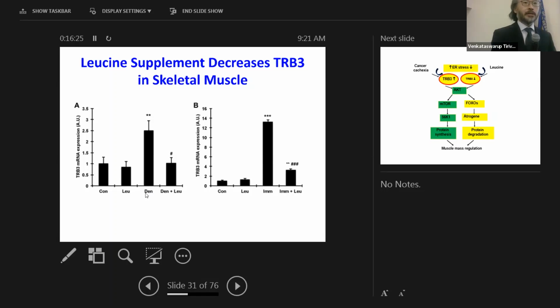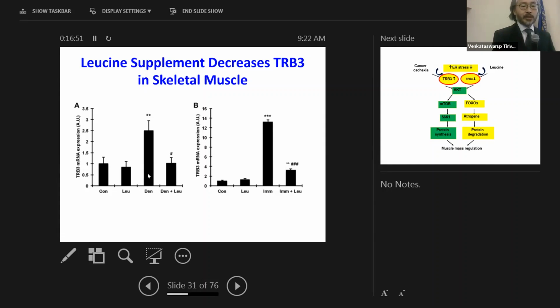One is denervation, a kind of neuromuscular degeneration model. If you are a neurologist, you may disagree with me, but this is a very simple way to generate neurodegenerative muscle atrophy. The other way is to simply immobilize the muscle so it cannot move, an inactivated condition, so they lose muscle mass as well.